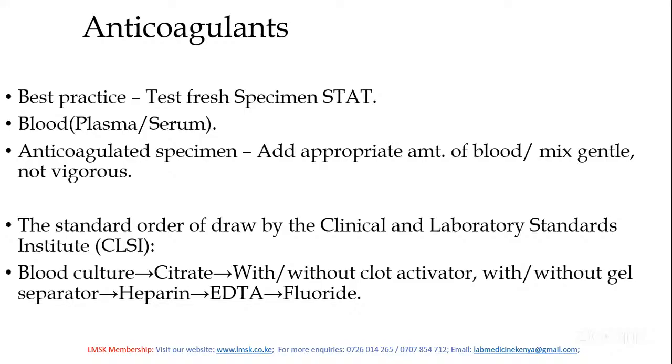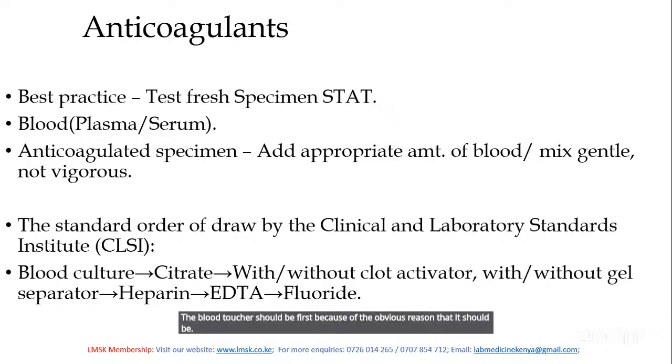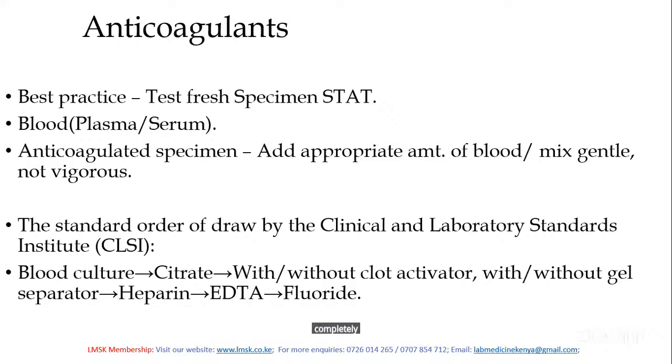Next should be the heparin tube, then followed with the EDTA tube, and finally the fluoride tube. In that flow, for instance, the blood culture should be first for the obvious reason that it should be completely sterile. That's why we start with blood culture.